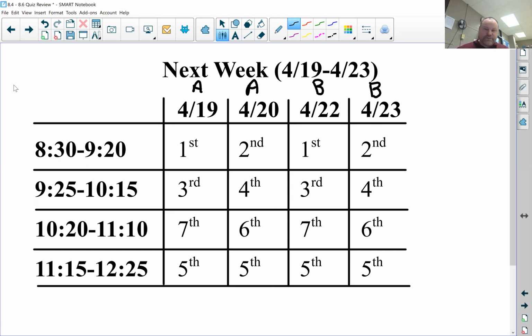So class periods are adjusted. It will still be cohort A on Monday, Tuesday, cohort B on Thursday, Friday. But as you notice, the class periods will only be 50 minutes. So the bell schedule is a little bit different.